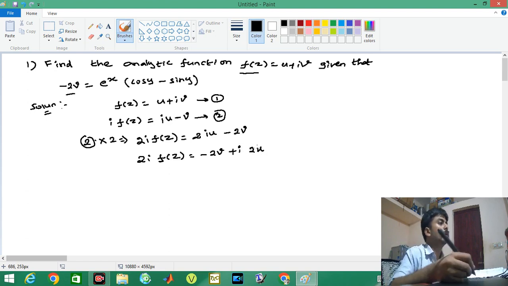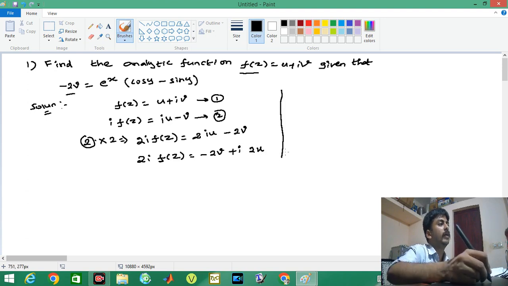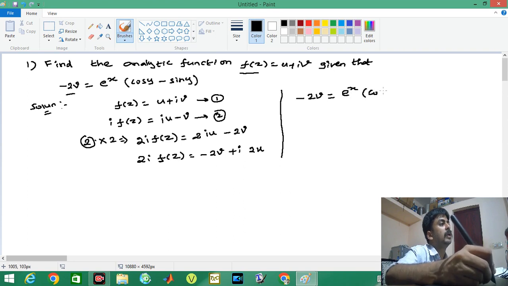Now what have they given? They have given minus 2v equal to e power x (cos y minus sin y).